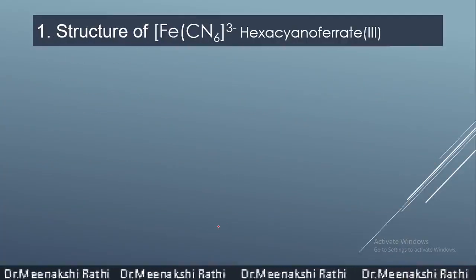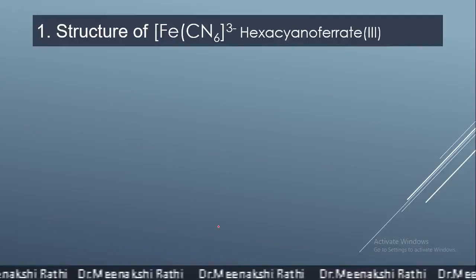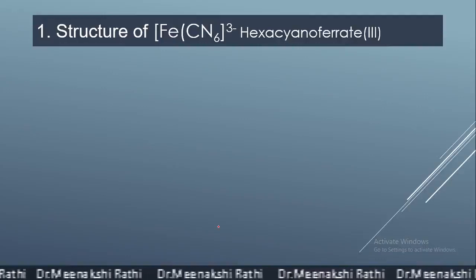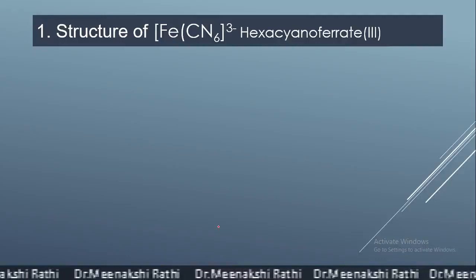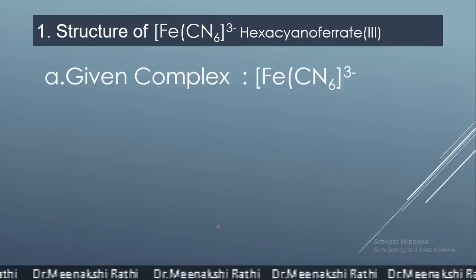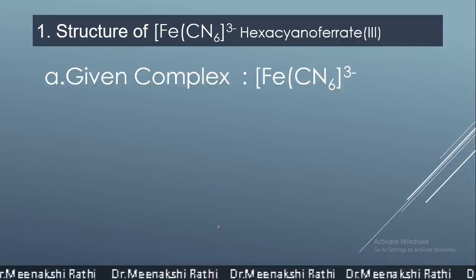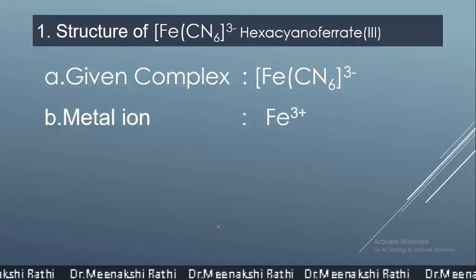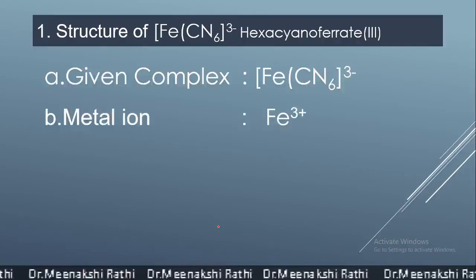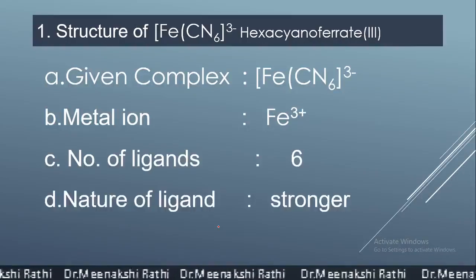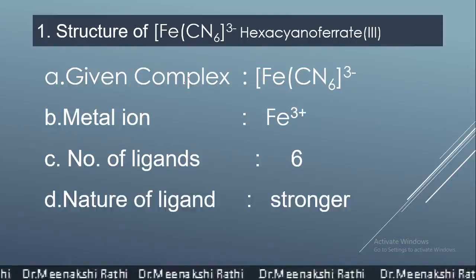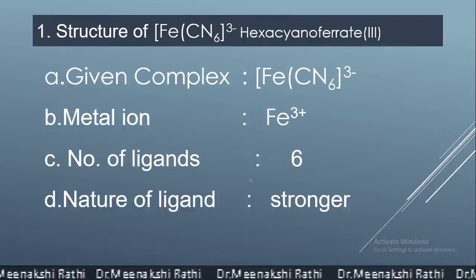The next example of d2sp3 hybridization is hexacyanoferrate ion. Hexacyanoferrate ion. So let's begin. Given complex hexacyanoferrate, the metal ion is Fe3+. Number of ligands: 6, and the nature of the ligand, cyanide, is a stronger ligand.